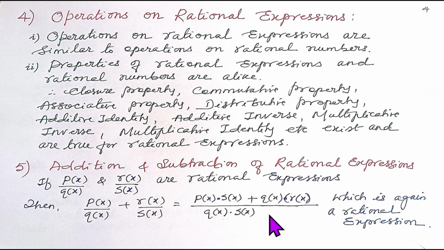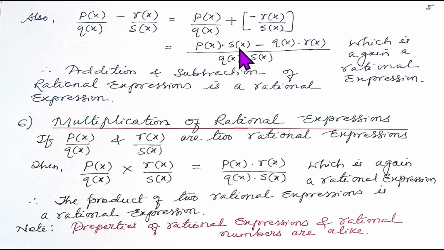Therefore, addition of rational expressions is a rational expression. So also subtraction of rational expressions is a rational expression, which I have shown here. And remember, the addition and subtraction properties of rational numbers are also applicable to rational expressions.